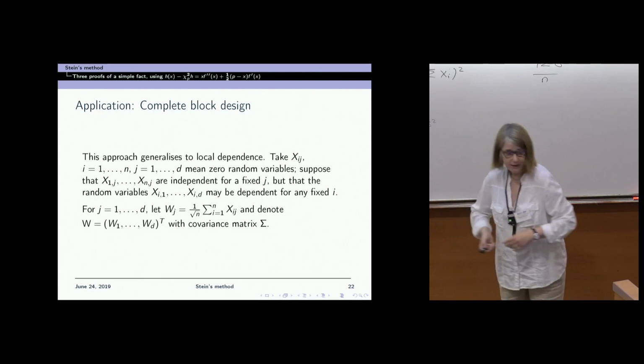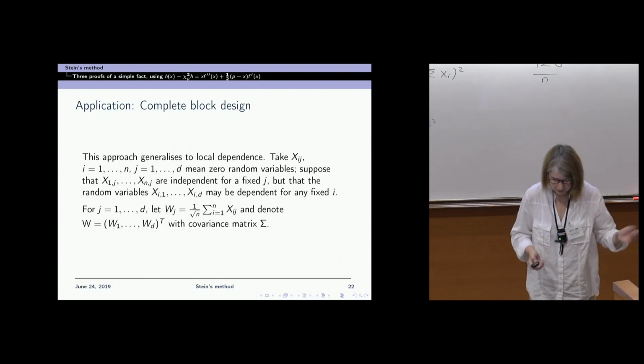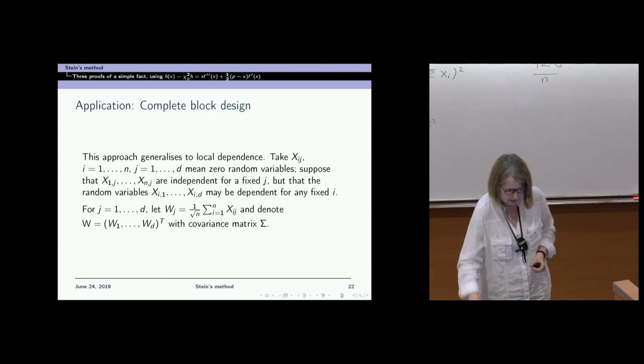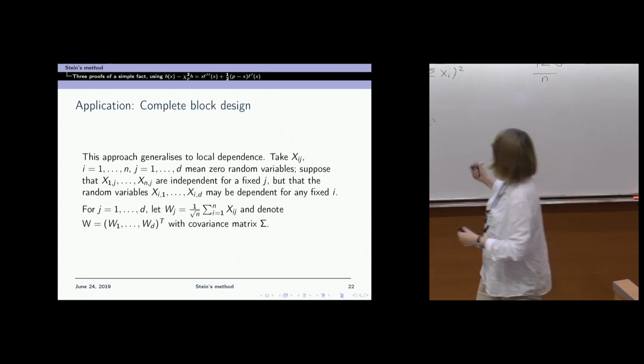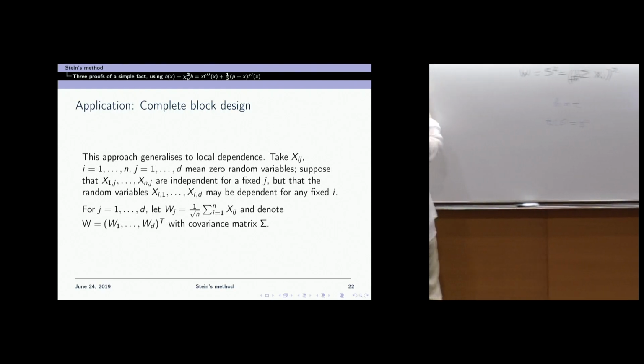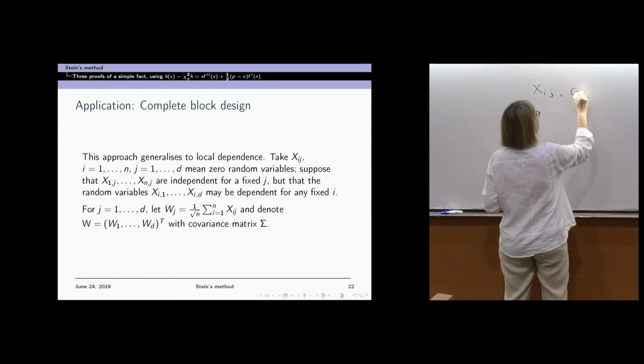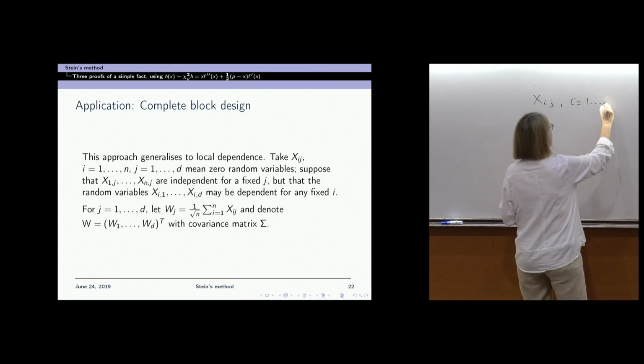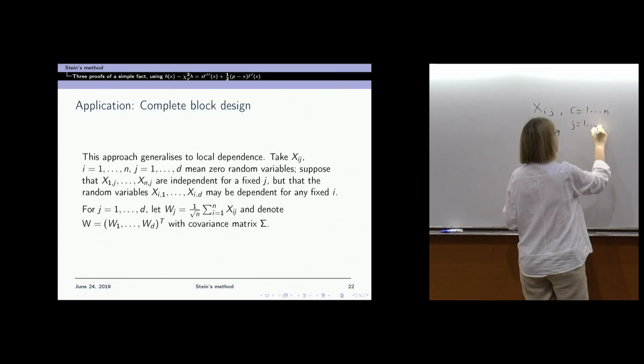And we can also easily generalize this to local dependence, of course, as we did for the Pearson. So we take xij, i equal to 1 up to n, and j equal to 1 up to d.